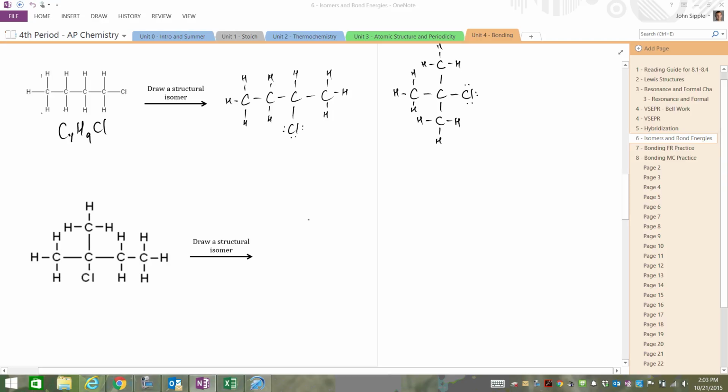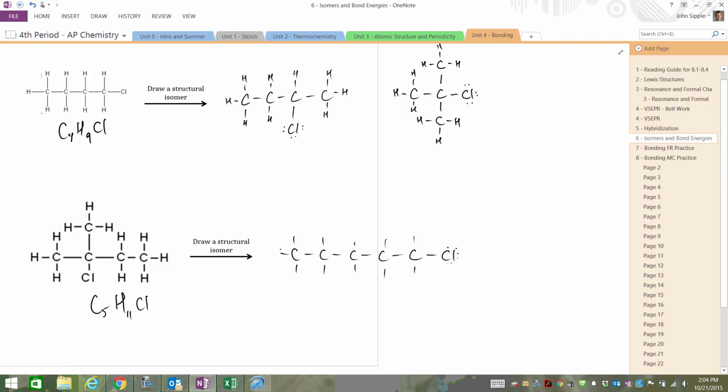You can just start moving things around. You just start moving stuff around. All right, so an isomer is just same formula, different structure.